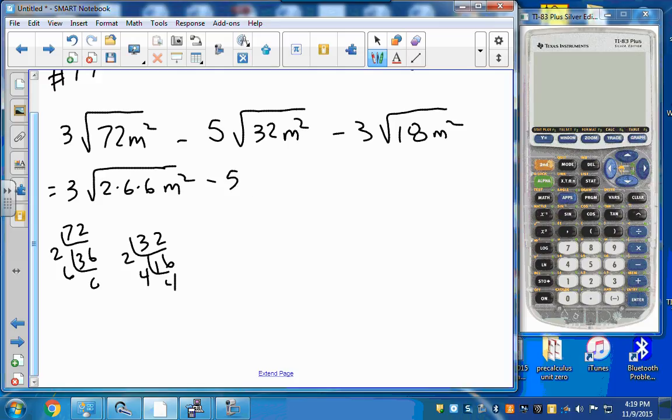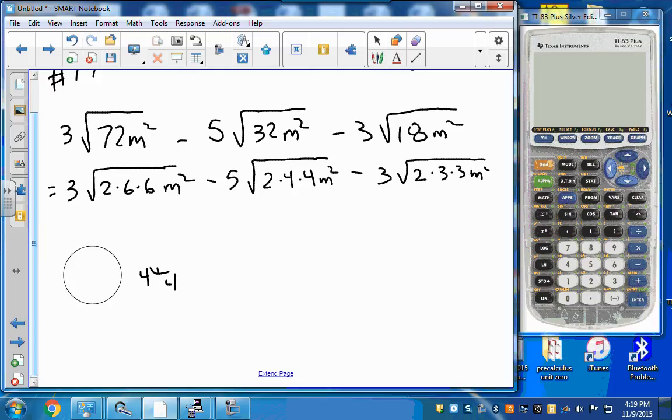So 5 times the square root of 2 by 4 m squared. And 18, I know is 2 times 9, 3 by 3 m squared. Okay, so I've sort of cleaned up my radicands, finding pairs where I could.